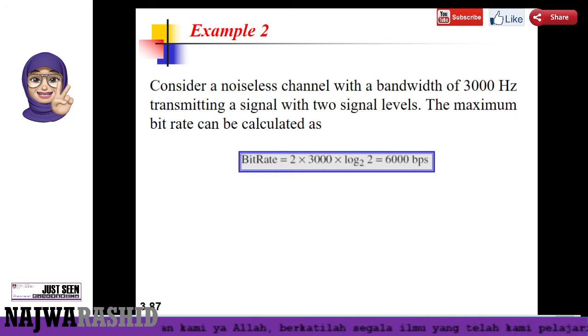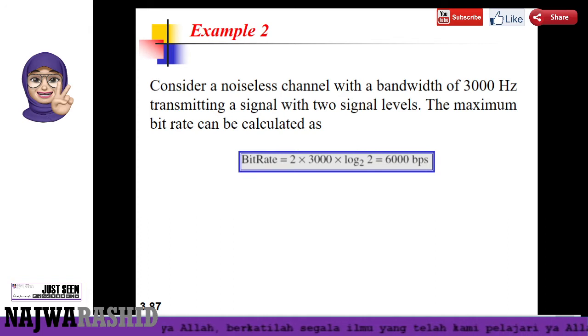Next example: consider a noiseless channel with a bandwidth of 3000 Hz transmitting a signal with two signal levels. So we have bandwidth 3000 Hz and L equal to 2. We need to find the maximum bit rate, calculated with the formula discussed before.